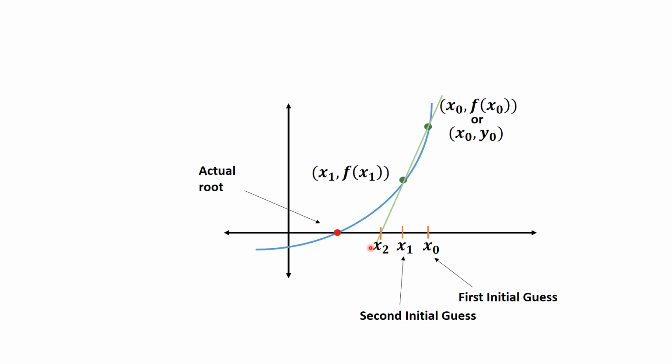Students, just see this slide here. This is the x2 point here. What I have done here is I made this secant line with x1 only in the case of the secant method.